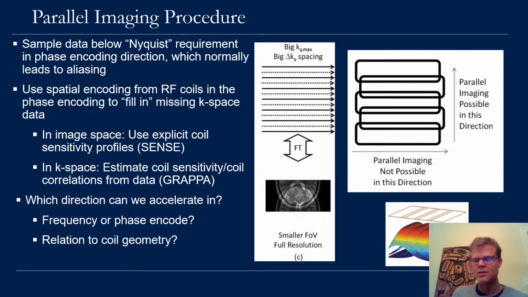In the left to right direction in this picture, these RF coils look the same, but in the up-down direction, the coils obviously look very different because they see very different portions of the subject.